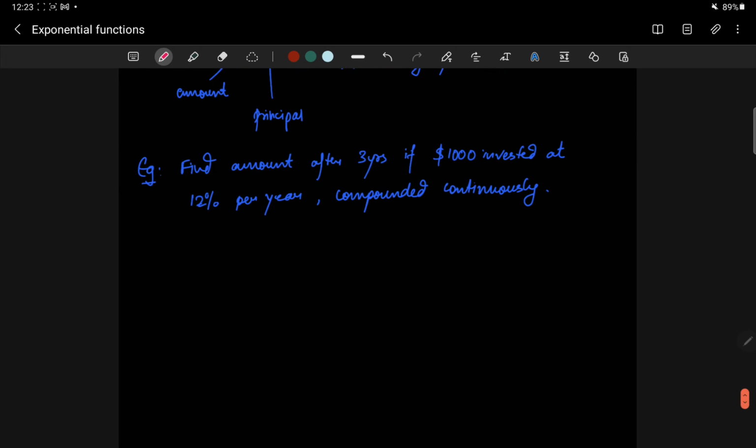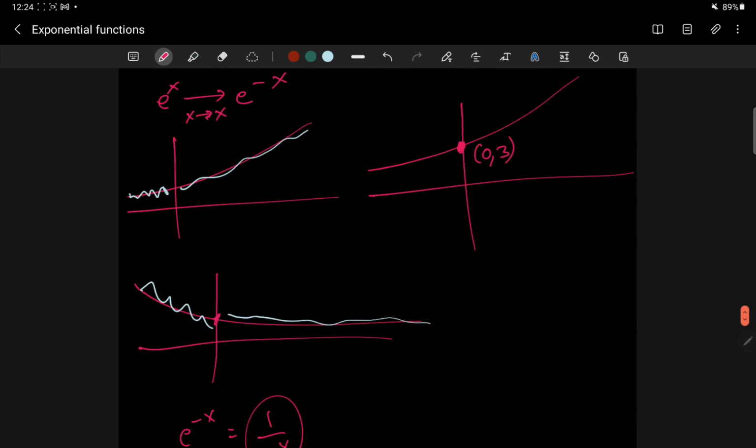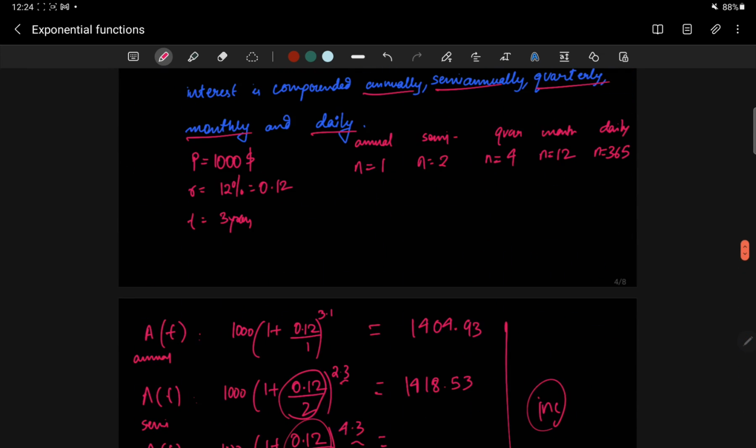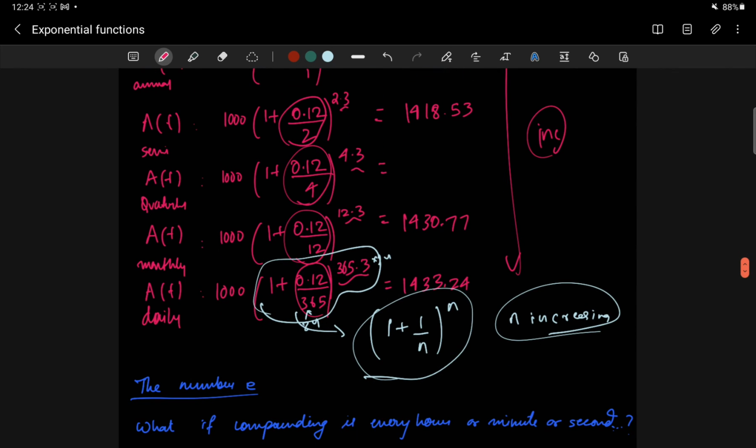So if you look at our previous example, where we had $1,000, P e at 12% to the power 3 comes out to $1,433.33, which, if you go up, is not drastically different from some of the answers we had, like 1433.24.